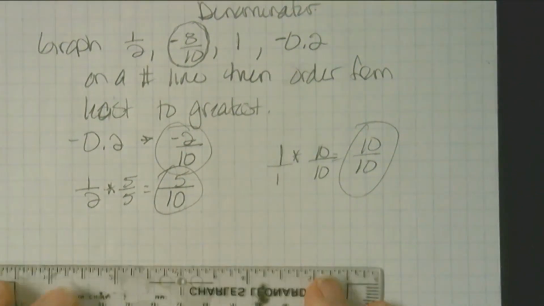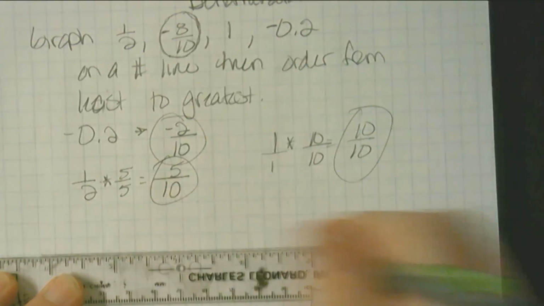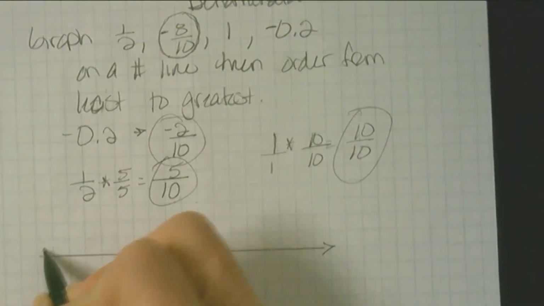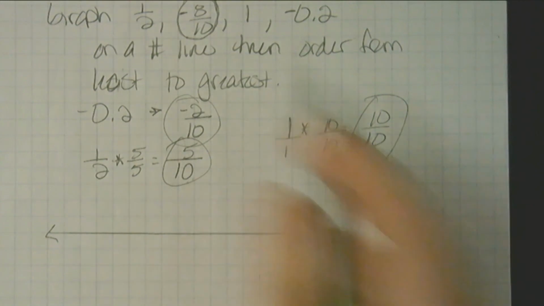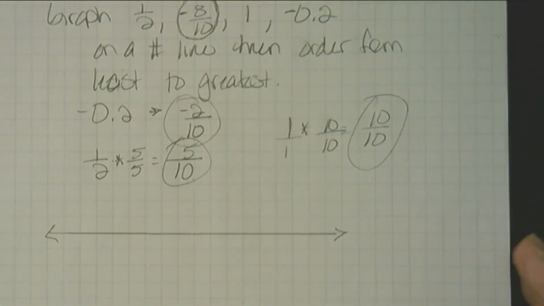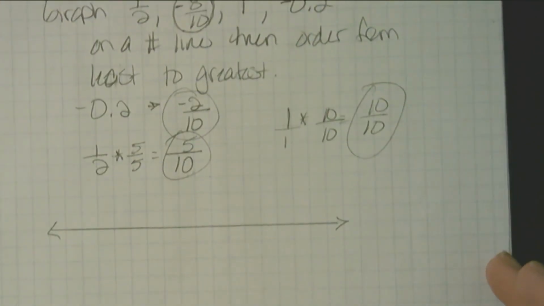All right. So what should each increment be counted in? What should I have my increments counted by? If all of these are in tenths. Frankie? Yeah, each increment is going to be a tenth, right?